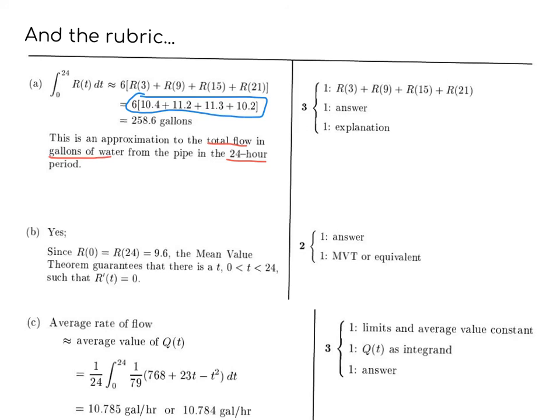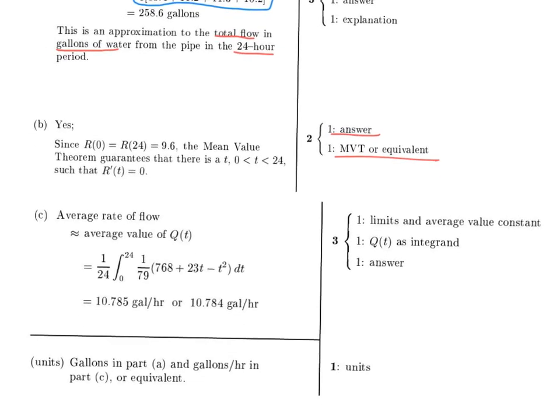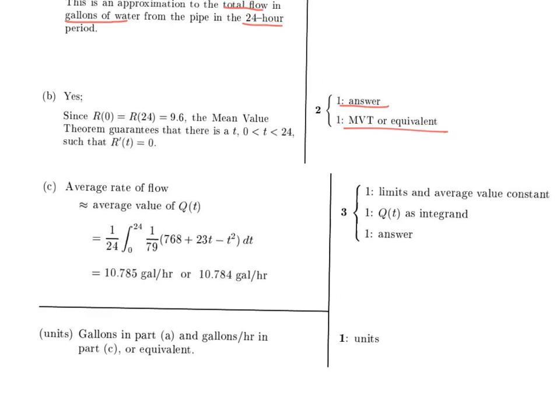For the second one, we have our answer, which was yes, and you need MVT, and in order to say MVT, you must say that it is differentiable. In 1999, they accepted the fact that differentiable was stated in the stem. In modern problems, if you do not state differentiable, from my understanding, you may not get credit for that.